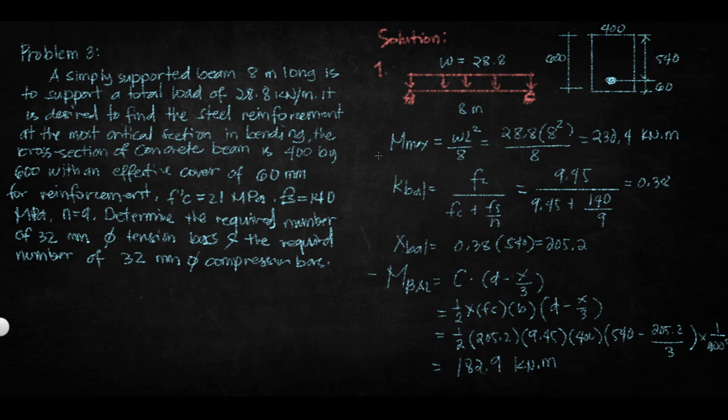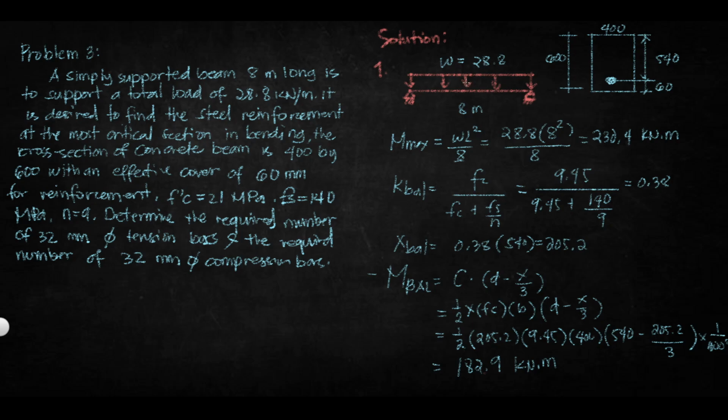Alam po natin, pag simply supported beam, okay, nag-occur yung most critical section or maximum moment at the midspan, pag uniform distributed load. Okay? So, we have here the formula for the maximum moment sa midspan, which is equal to W L squared all over 8. Okay?